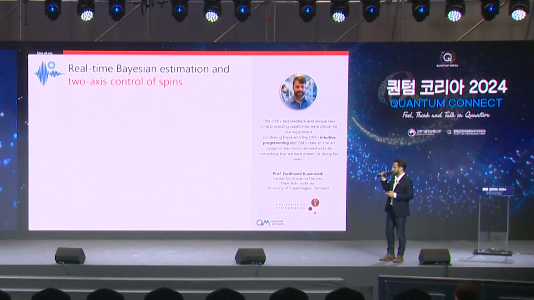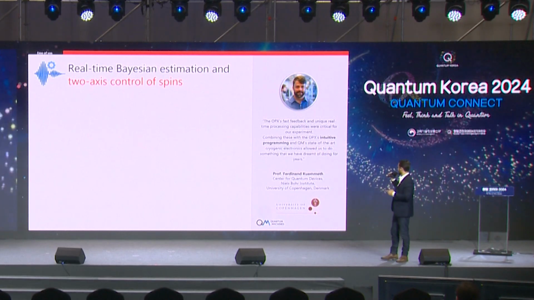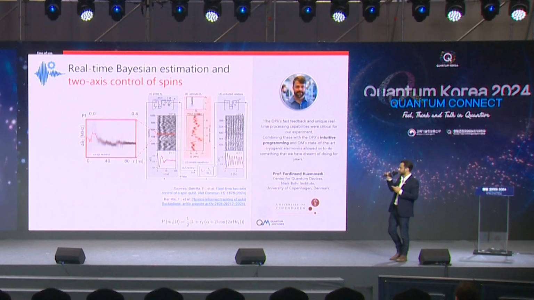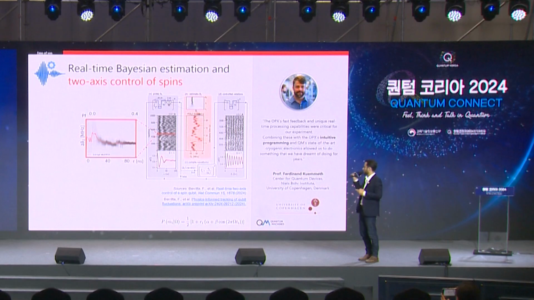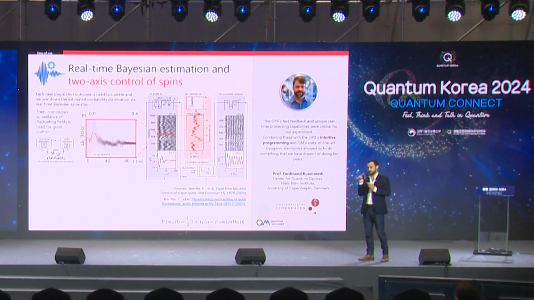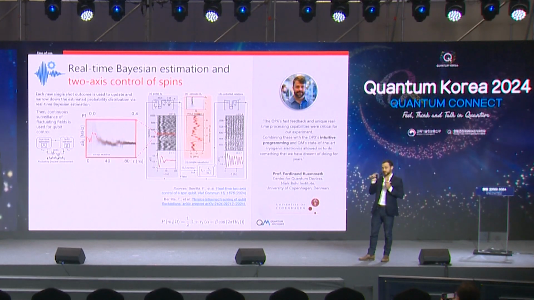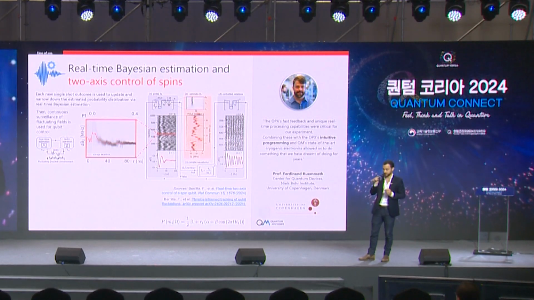I want to give an example by another speaker that spoke here yesterday. That's Ferdinand Quemet from the Niels Bohr Institute. Over there, they have implemented an extremely advanced real-time processing scheme where they implemented a Bayesian estimation of a parameter of the Overhauser gradient, which is a field in the vicinity of the qubit.